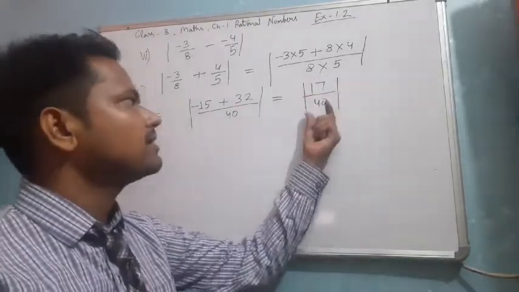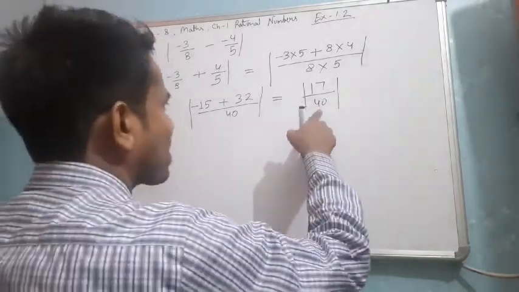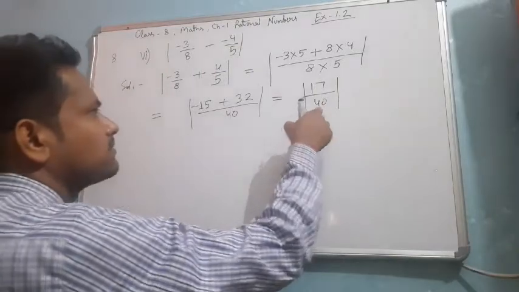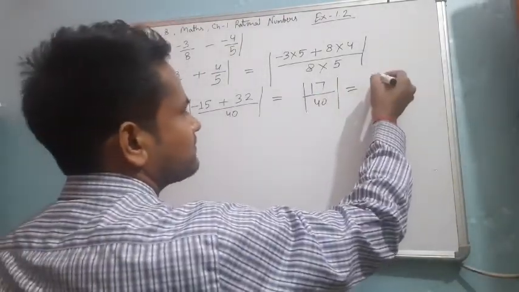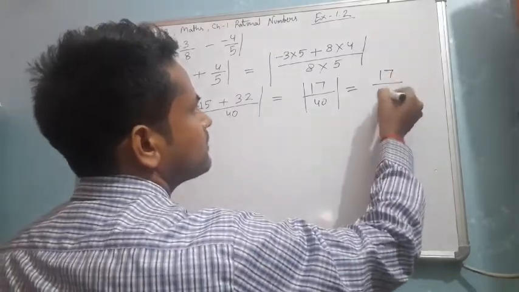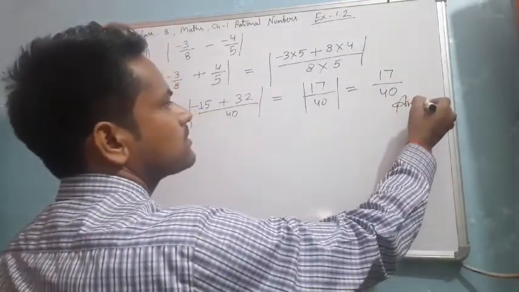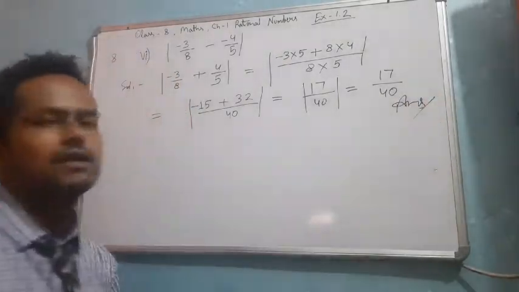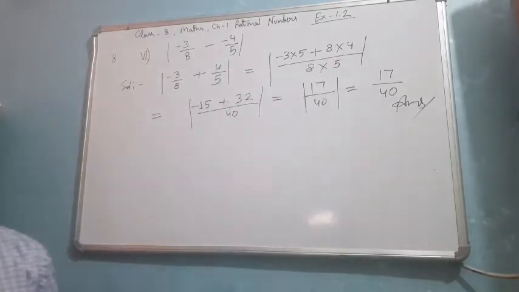And here in mod, 17 by 40 is a positive rational number, then it gives plus a. It means 17 by 40. So the answer is 17 by 40. Pause the video and note it down.